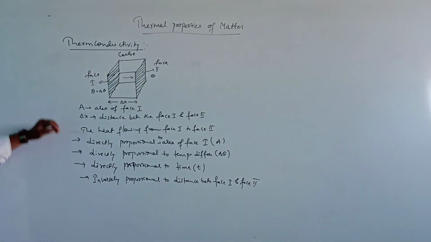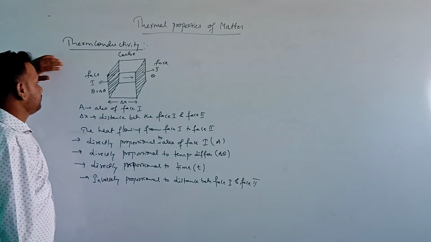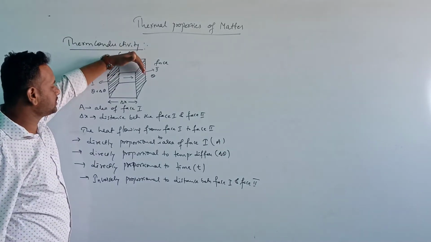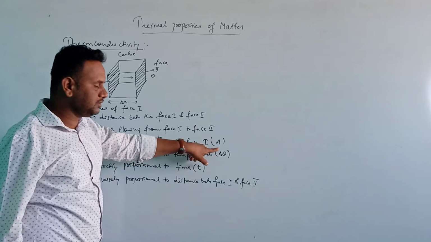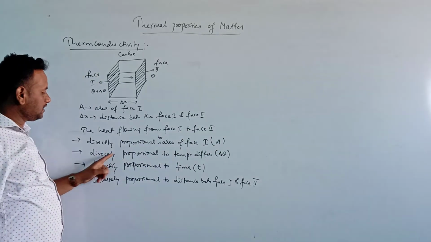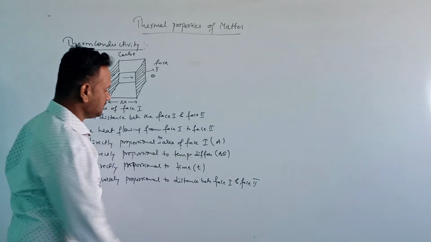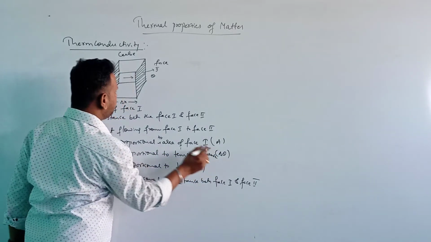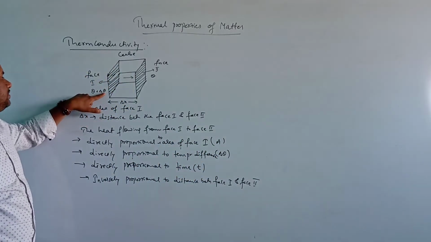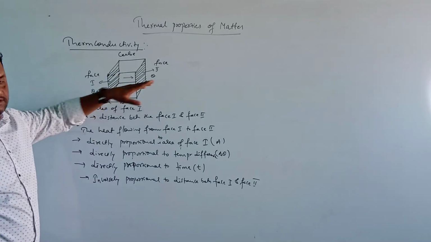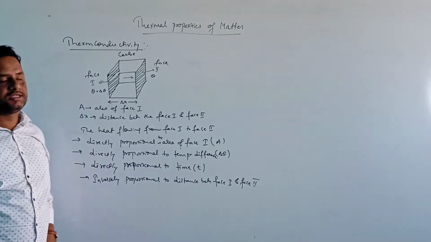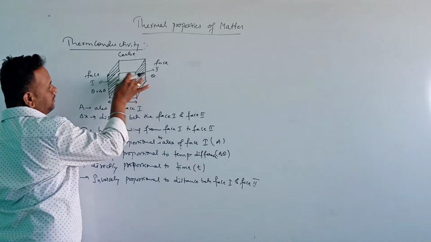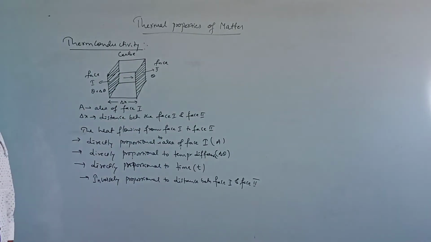The amount of heat flowing from phase 1 to phase 2 is directly proportional to the area of phase 1 and to the temperature difference. The temperature difference is theta plus delta theta minus theta, which gives delta theta, the temperature difference between the two phases.